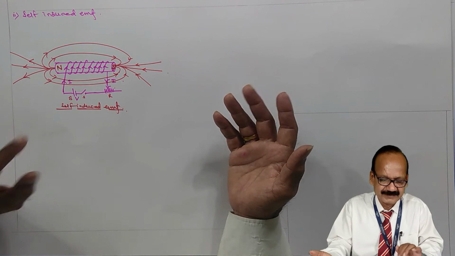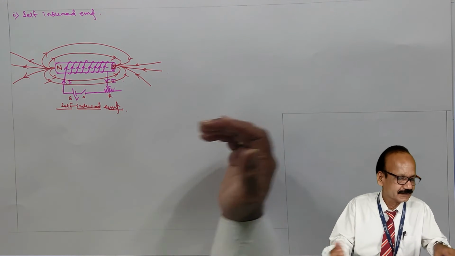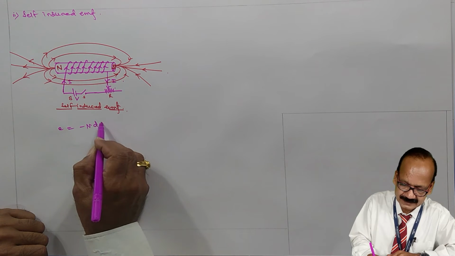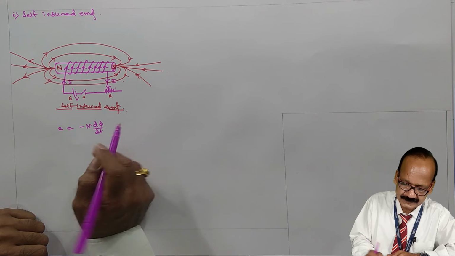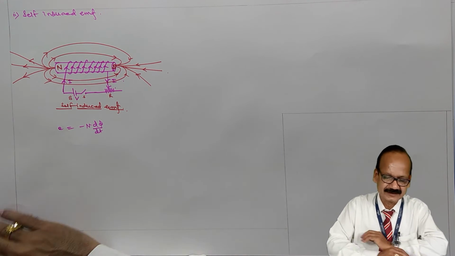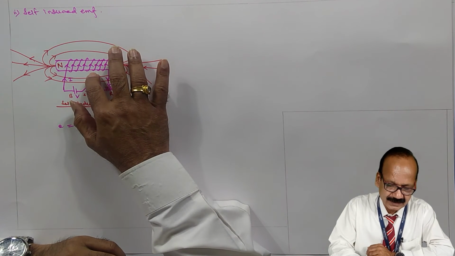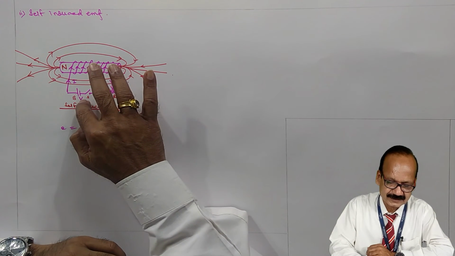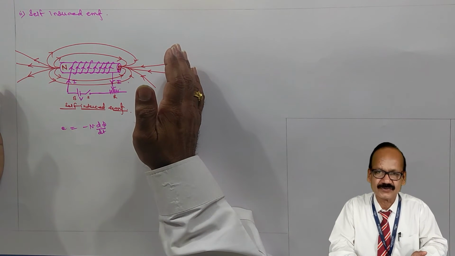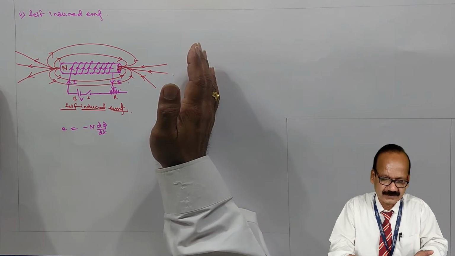The induced EMF in this coil is given by, say, E equal to minus n d phi by dt. Negative sign indicates that induced EMF in coil opposes the supply voltage, and that's why sometimes it is also known as counter EMF or back EMF.